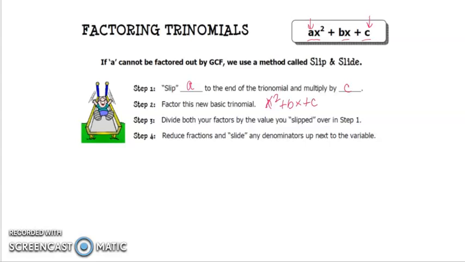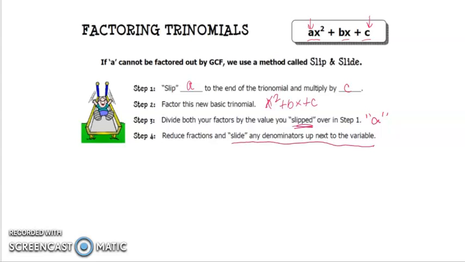And these are the ones we started yesterday. Then we're going to divide both of these factors by the value that we slipped, that's the a term, over in the first step. Once we reduce the factors, we're going to slide the denominators under the variables. Now that sounds complicated, but I'm going to show you what that means.